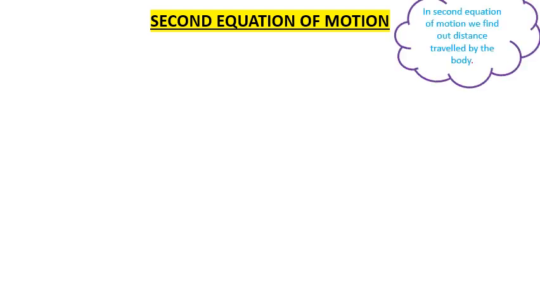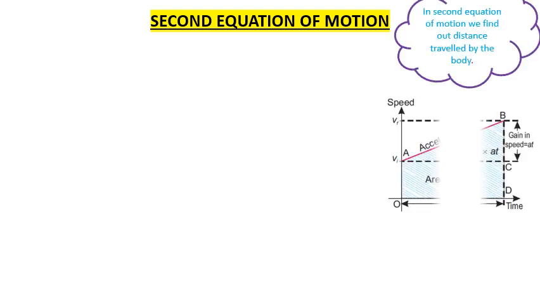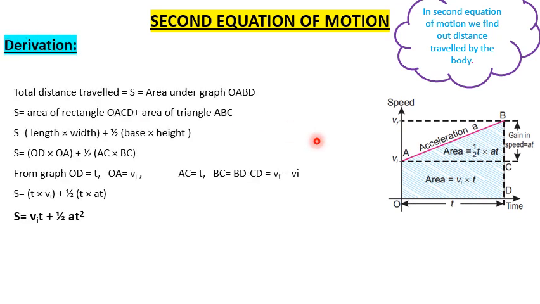Second equation of motion. Second equation of motion is used to find out the distance traveled by the body. In this derivation, we will use the same speed time graph. As you know, the area under the graph gives us the total distance traveled by the body. So if you see, we have two geometrical shapes here.